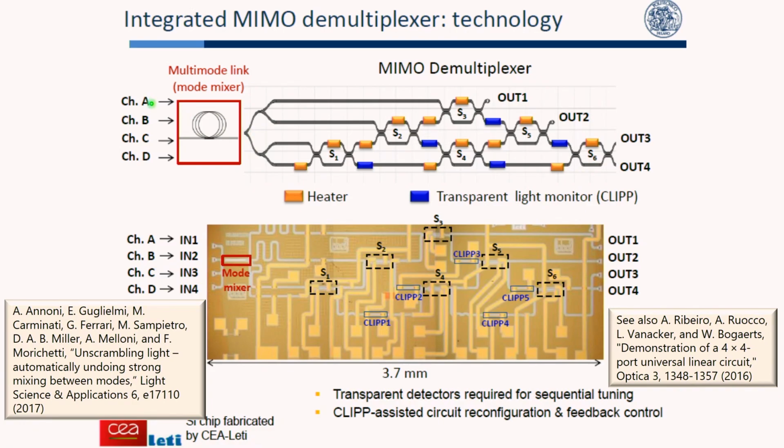But they had put identifying tones on each of these input fibres, and by using those tones to pull out specific inputs when configuring using these detectors, they were able to separate out all of the beams again, even though they were completely mixed here. And incidentally, if they changed the multimode mixing here by heating up this multimode mixer, the system would reconfigure automatically to separate the beams out again.